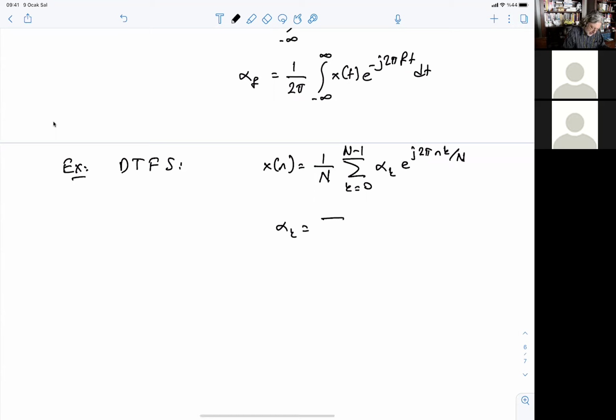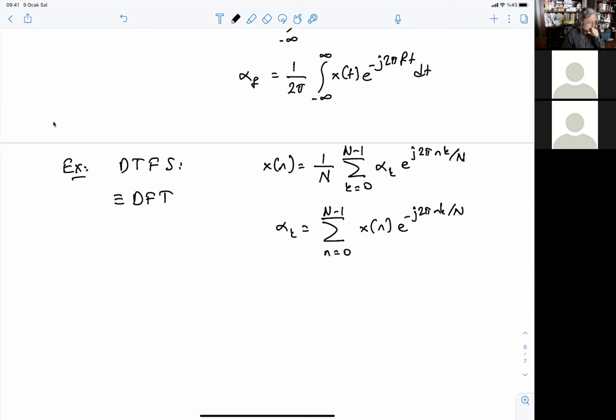So this is simply a summation. It's not k, this is wrong, it's n from 0 to N minus 1, which is one period. Again, x[n] times the conjugate of the bases, e to the minus j 2 pi n k over capital N. These two are the forward and inverse discrete time Fourier series, which are also known as the discrete Fourier transform, DFT.